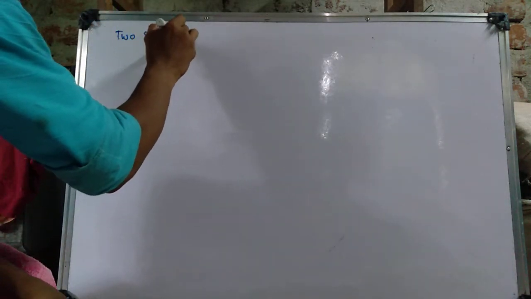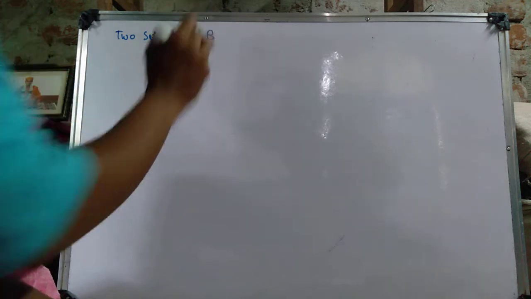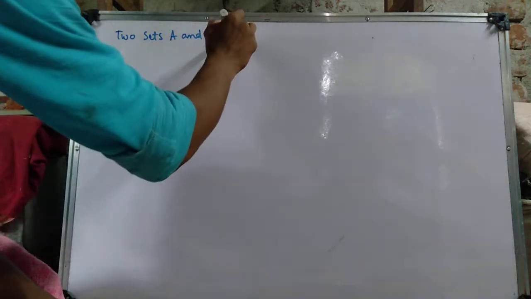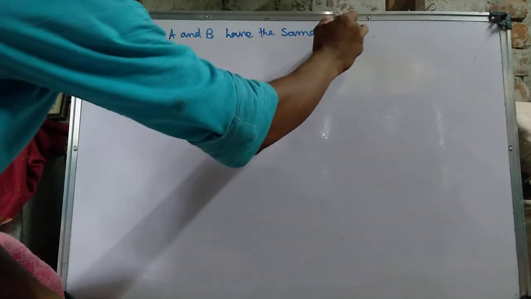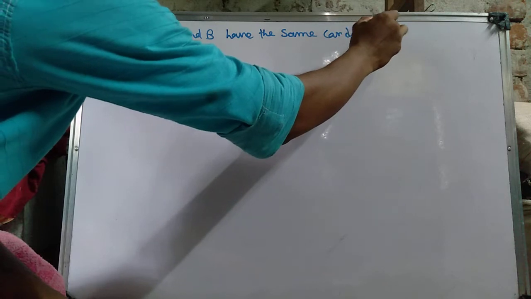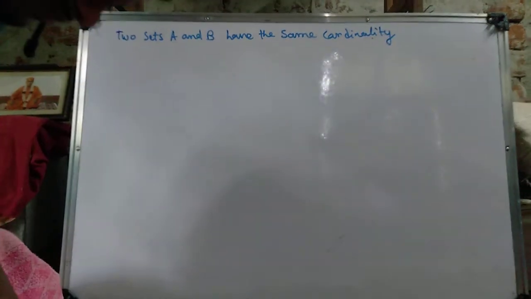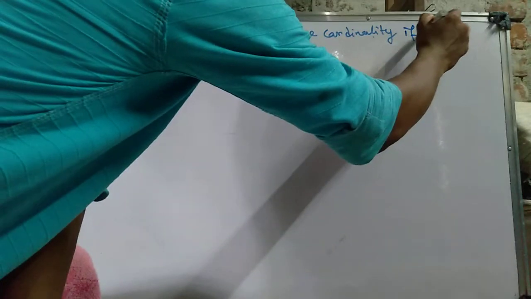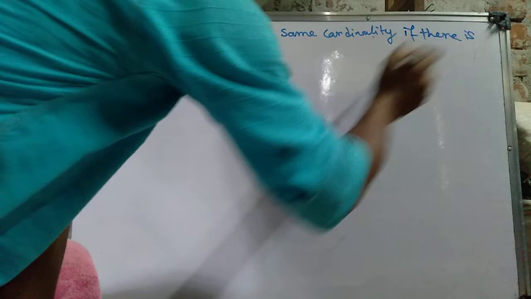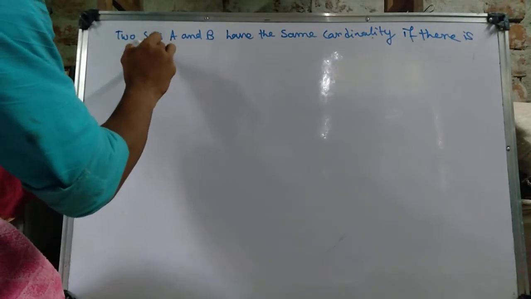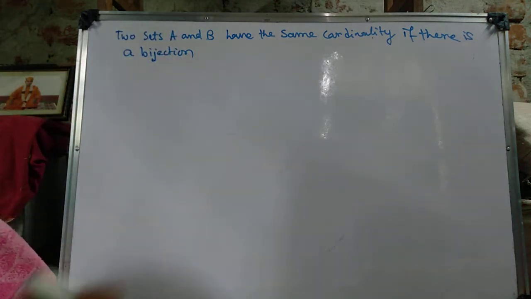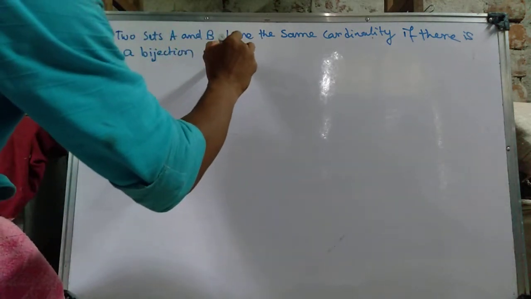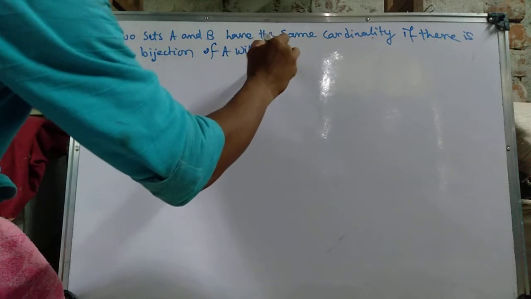Two sets A and B have the same cardinality if there is a bijection of A with B.